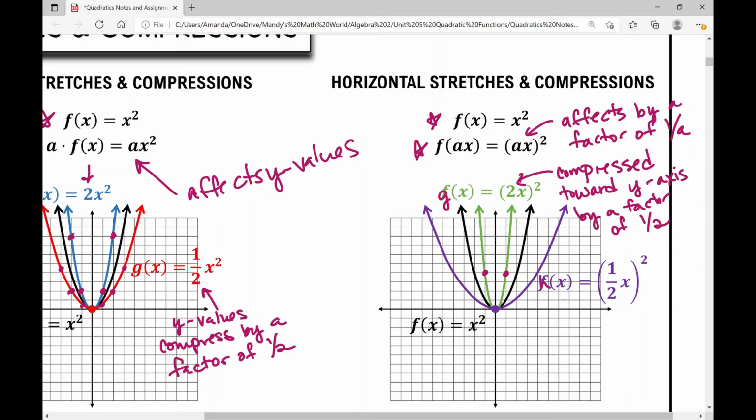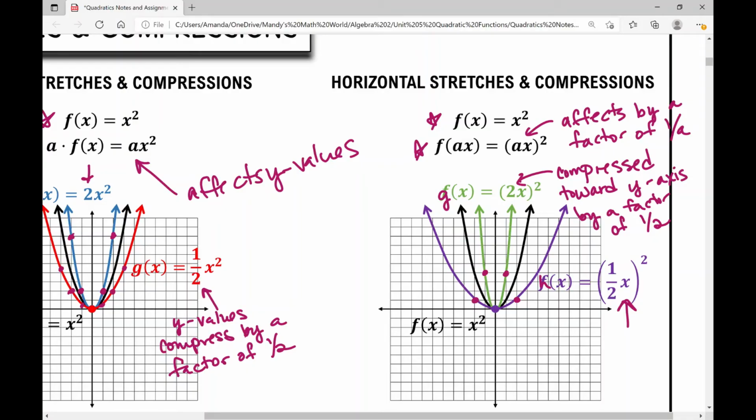So now let's look at h of x, graphed in purple. h of x equals (1/2 x) squared. So that 1/2 is inside my parentheses, and it looks wider, right? So let's plug in 2 for x. I take half of it, 1, and then I square it, and I get 1. So (2, 1) is a point, and (negative 2, 1) is also a point on my graph.